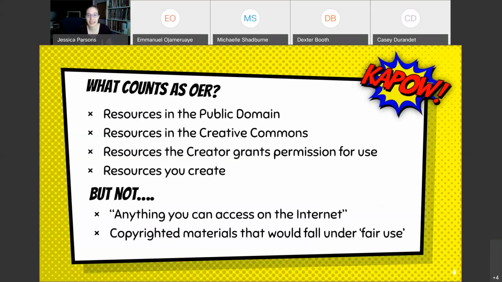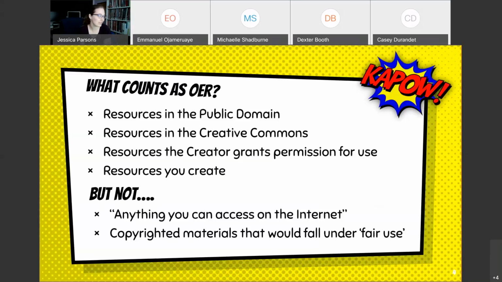The public domain is a treasure trove of things where the original author's copyright has expired and so we can have access to it, or it is something that the author says, I don't need credit for this, or I don't need to collect royalties on this. I'm just going to make this freely available to anybody who wants to have access to it.